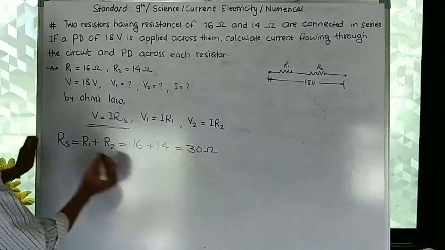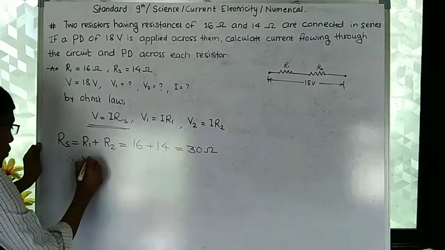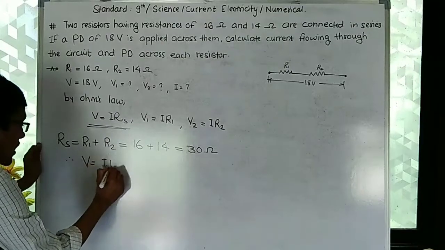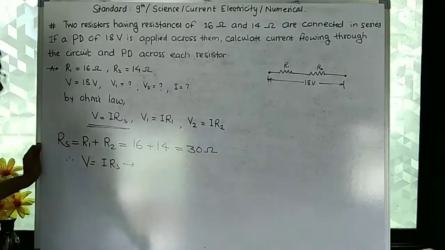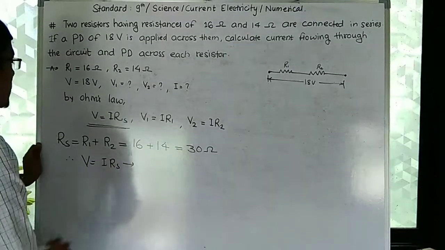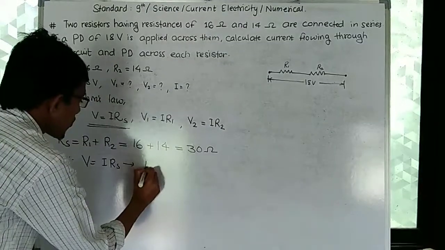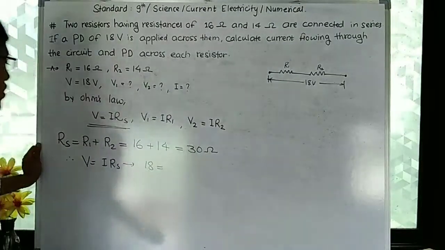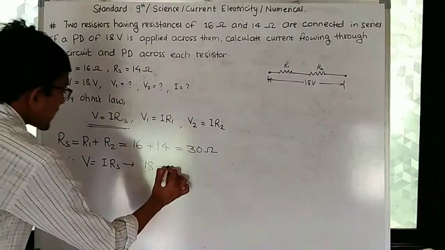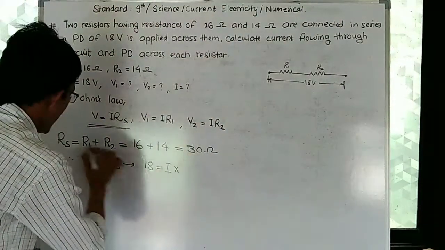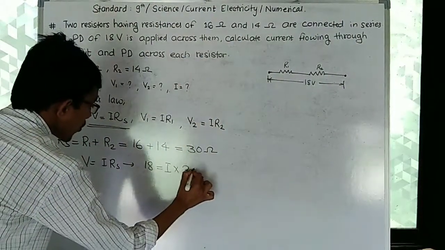Therefore we can now find the value of I, that is electric current. V is 18, and RS we have found, that is 30 ohm.